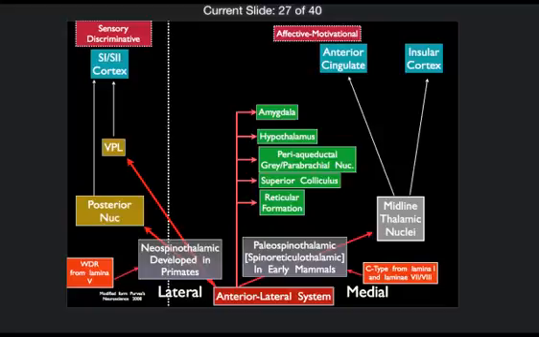It's C-type primary first-order neuron from lamina 7 and 8. And it goes to insular cortex, anterior cingulate, and it's affective and motivational. This is much more in that complex area of pain that we see clinically.